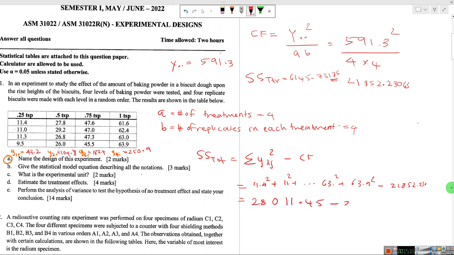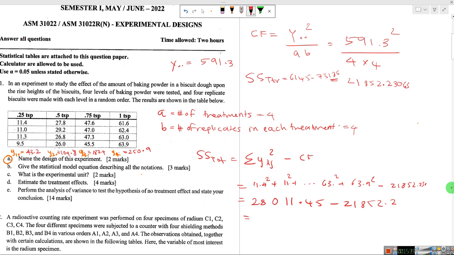28011.45 minus 21852.3, that value, right? So now minus correction factor 21852.2306063.